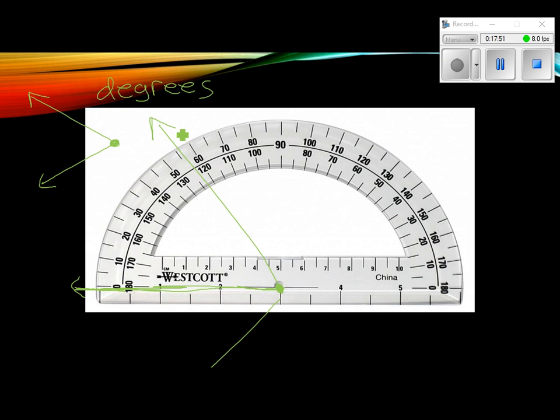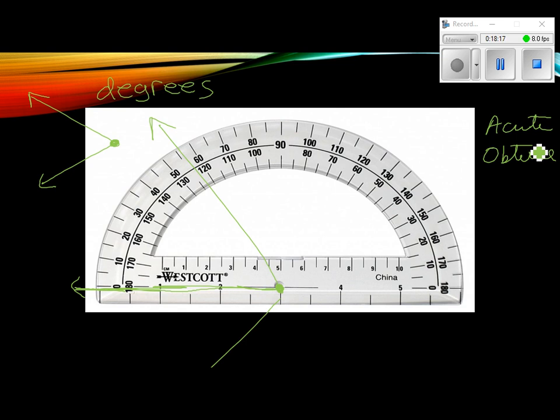All right? Now, when I'm looking at this, what you're going to have to remember when you're measuring these angles is the different kinds of angles that you have. You have acute angles. Anybody remember what an acute angle is? Smaller than 90. You have an obtuse angle. What's it? Larger than 90. You've got to look at your angle first and decide, is this acute, is this obtuse?